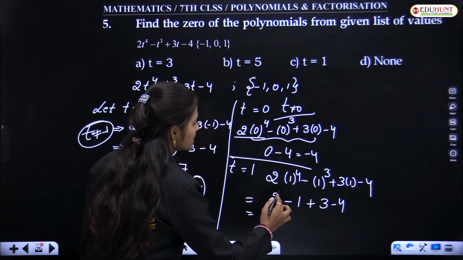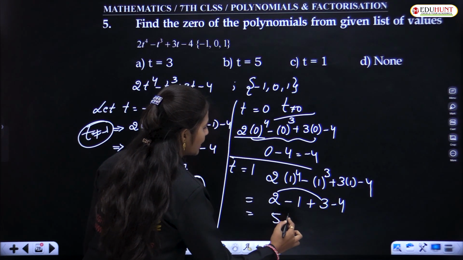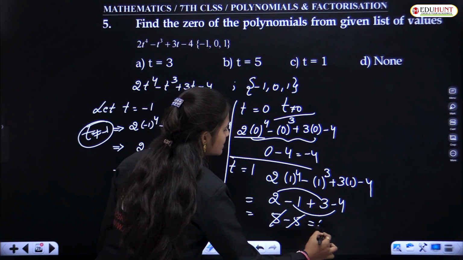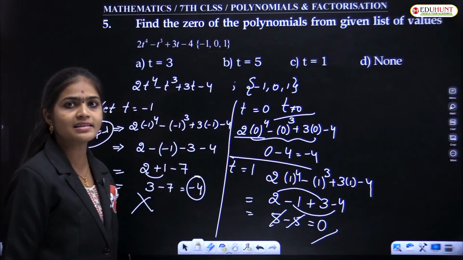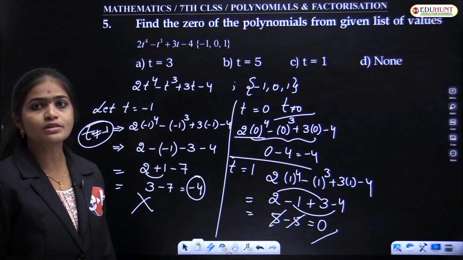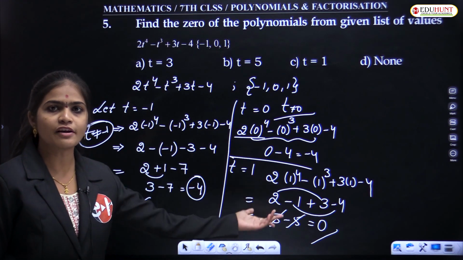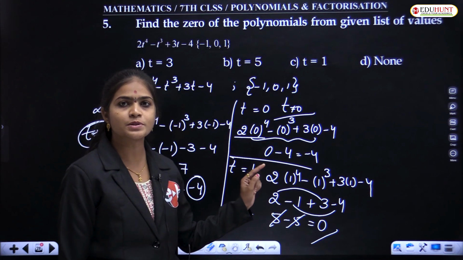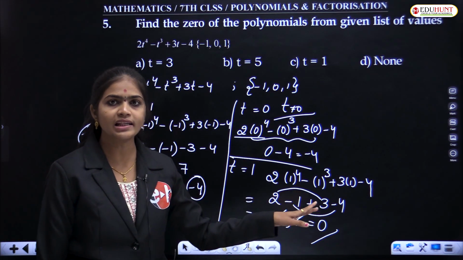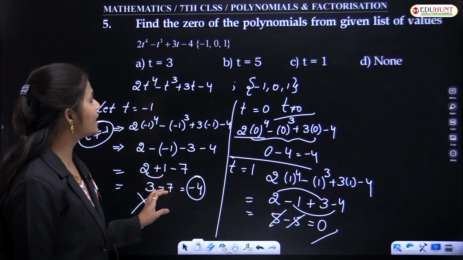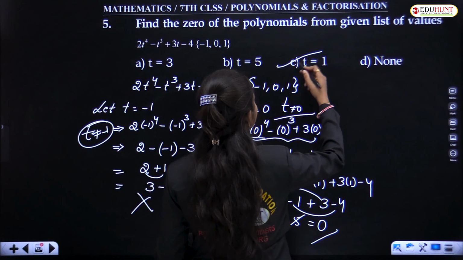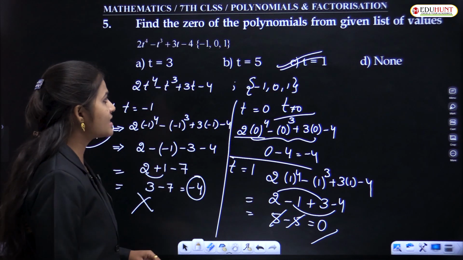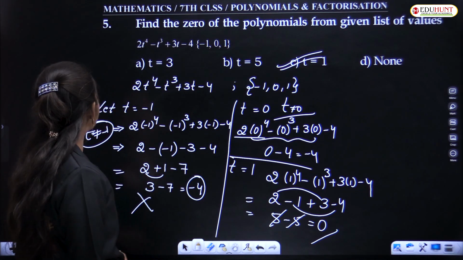So from this, 2 plus 3 is plus 5. Minus 1 minus 4 is minus 5. So plus 5 minus 5 gets cancelled. So here you will get the result as 0. Is that satisfying or not? Yes, of course that is satisfying. So when you substitute t equals 1, only then is it satisfying. So we can say that t equals 1 is the 0 of the polynomial here. Okay, did you understand this one? So let us see the next question.